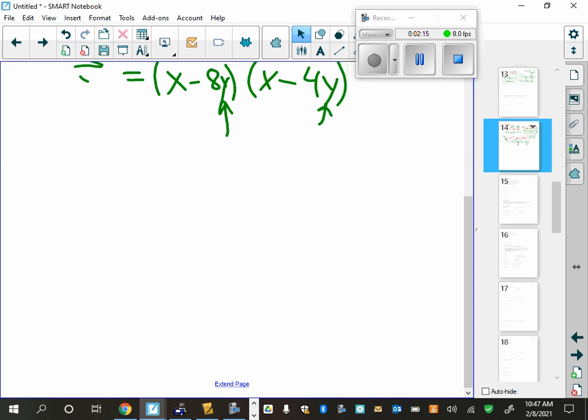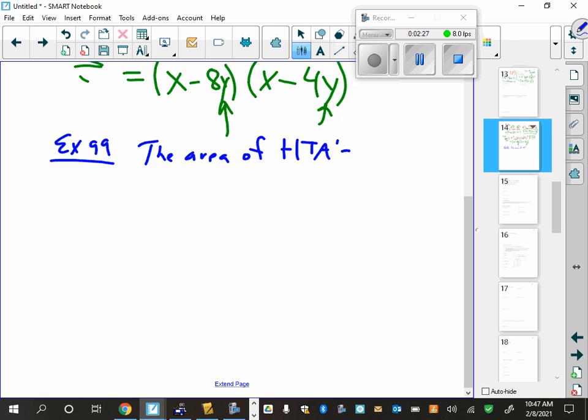One more. Come on. Example 99, please. Write it down. The area of HTA's schoolyard is x squared, subtract 4x, subtract 45 square meters.